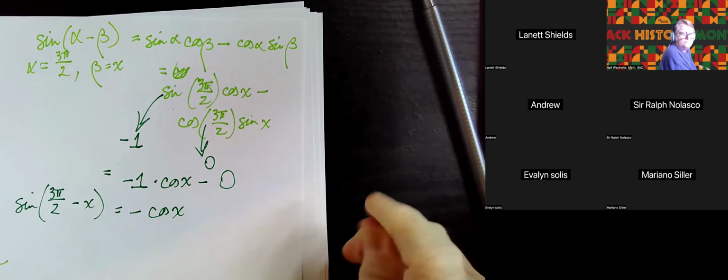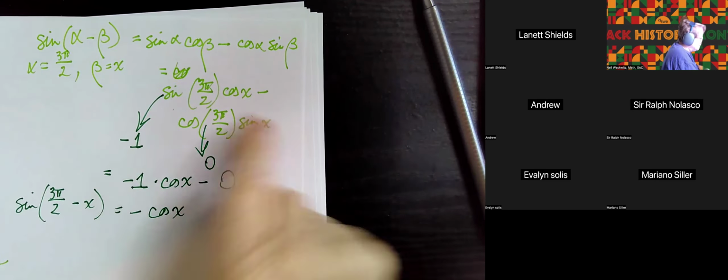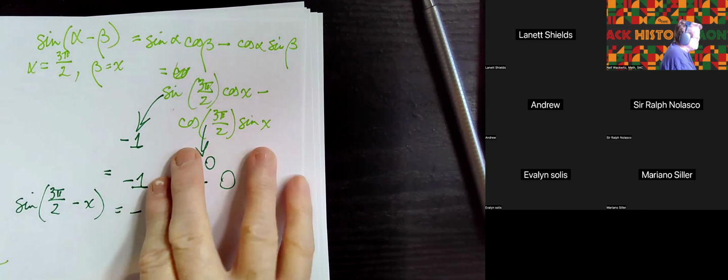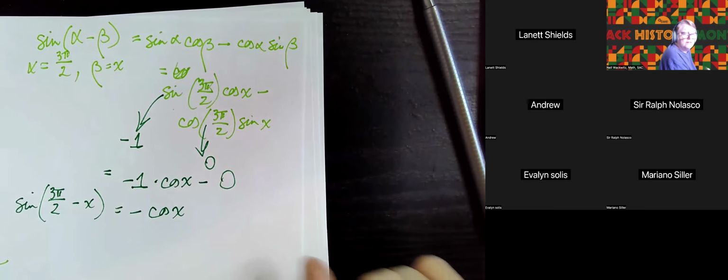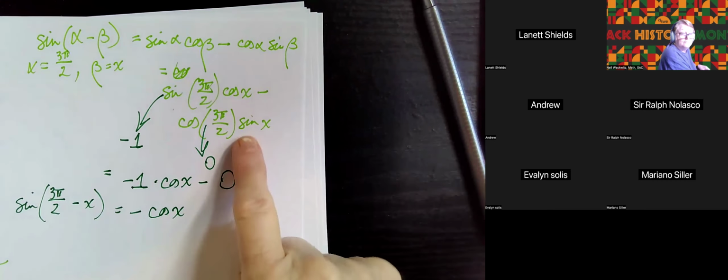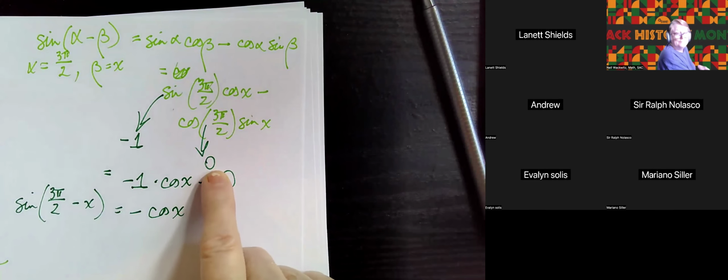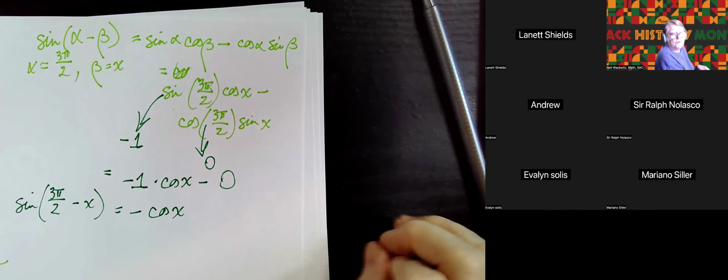What was its value? The value of the whole second term, cosine 3 pi over 2 times sine x. So 0 times sine x would be 0.